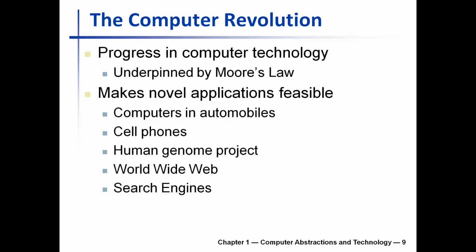Then there are some other massively complex things like decoding the human genome, for example, which need immense computational power even today. Such massive tasks were possible because of improvements in computer architecture, which were based on these improvements in computer technology outlined by Moore's law.